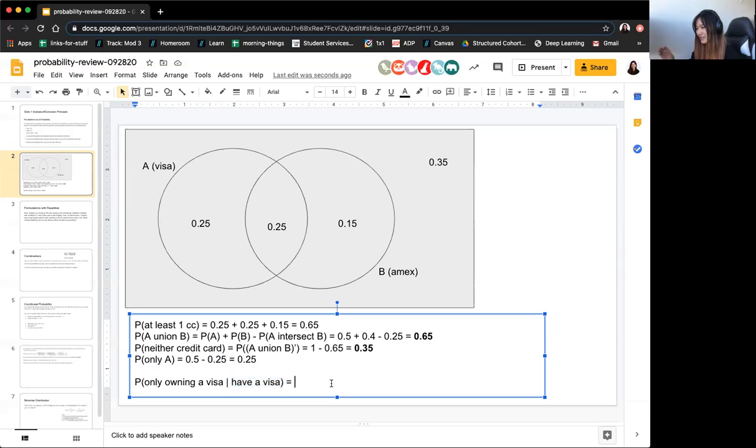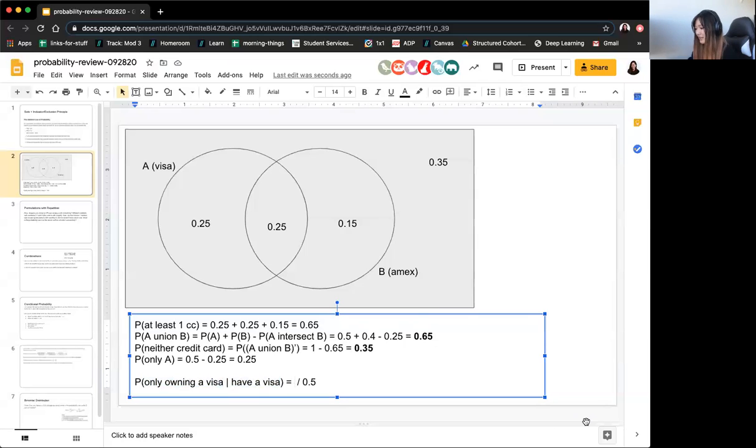And so I like to think of this as the denominator being people who only have a Visa. What I like to do first with conditional probabilities that are already laid out like this is create the denominator, which is 0.5. This conditional probability is really asking what proportion of Visa holders only hold Visa.